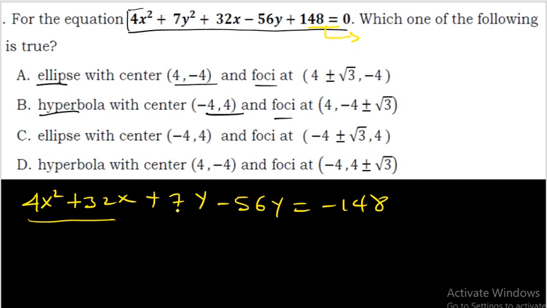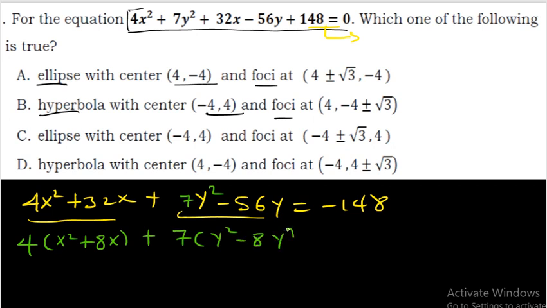Then when you come to these two groups, let's take out the common factor first, because the x squared and y squared coefficients have to be 1. This is 7y squared. When I take out 4 common, what remains? x squared plus 8x, plus, for the second part I will take out 7, y squared minus 8y.